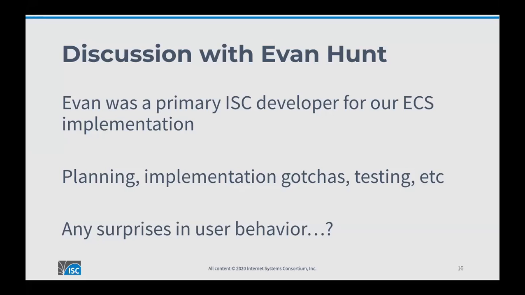Any surprises in how users are operating ECS? You already mentioned the big one. Okay, the one that hit me entirely out of left field was the person saying we really want our resolver to send as much identifying personal information as possible to the upstream server.